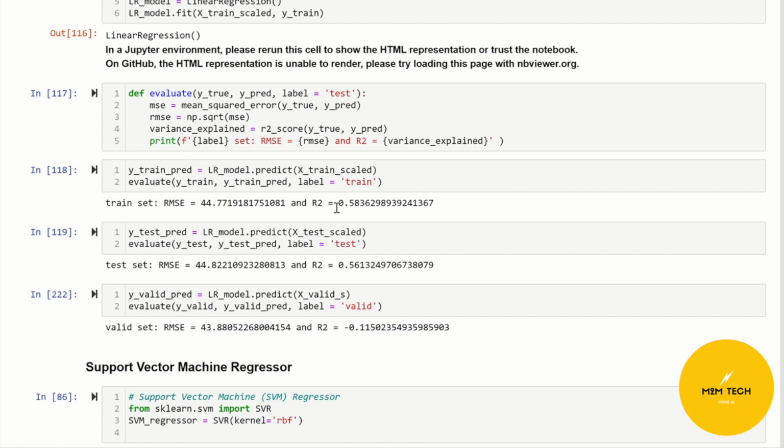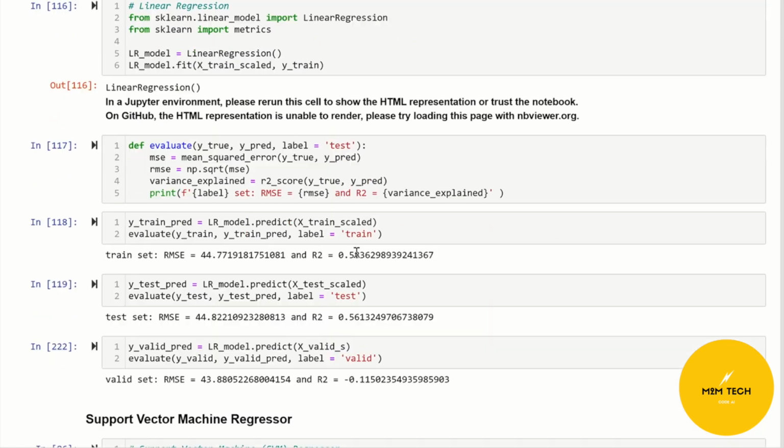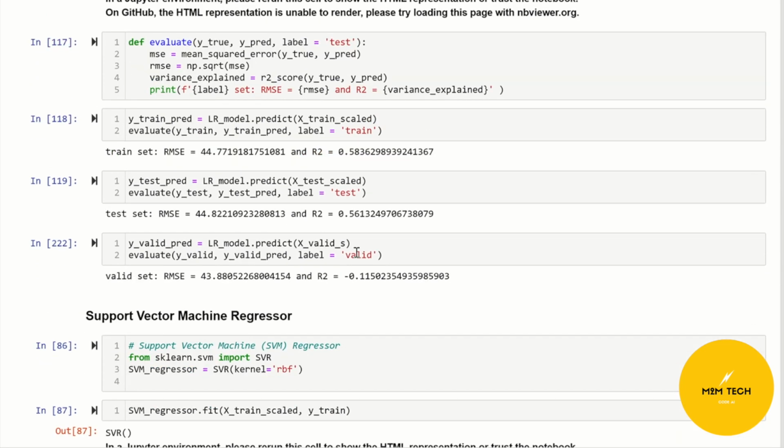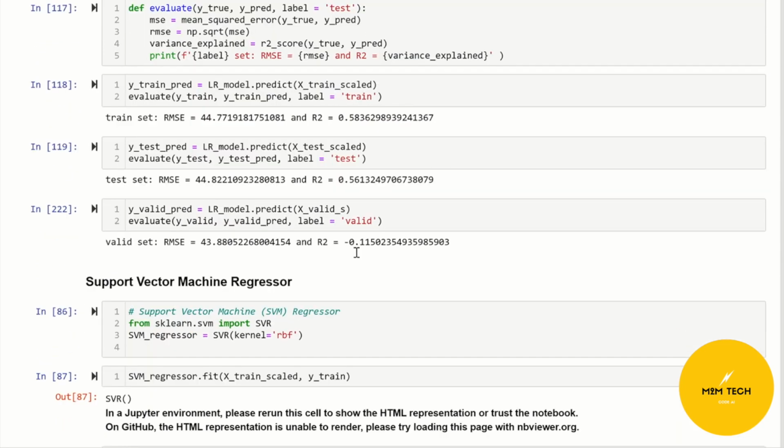So R squared here for the training data set is 58%, for the testing data set is 56%, and for the validation data set it is negative 0.11, which means that it is not doing very well, which means that it is doing worse than a very basic average model. So this linear regression model is failing to predict the remaining useful life.